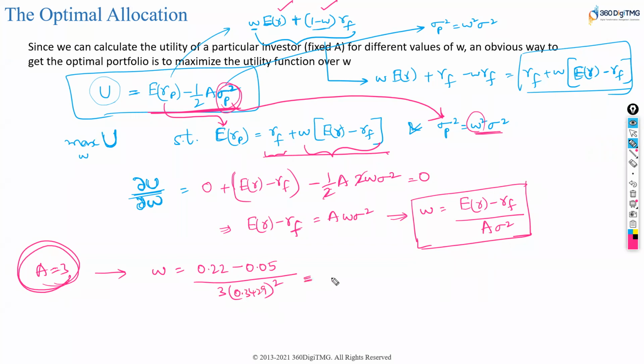When you solve it, you get some number like 0.48 something. Now, what does this mean? For a guy with A equal to 3, this person has to invest 48% of the money he or she has on risky asset. Another 50% of the money on risk-free asset.